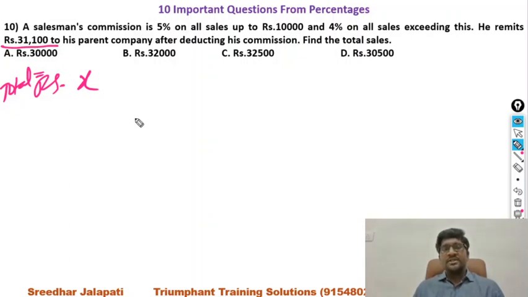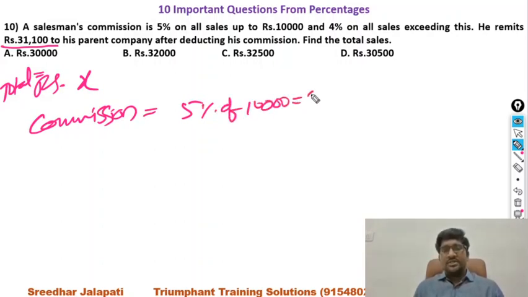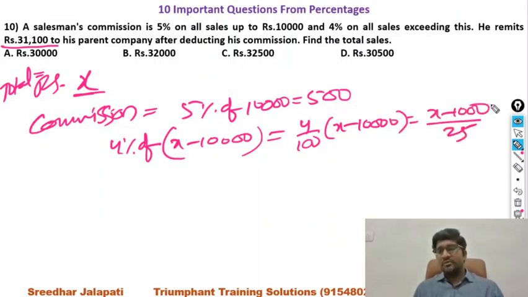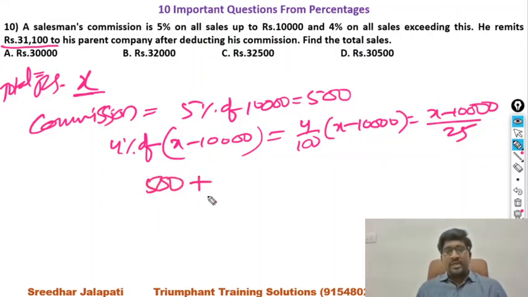So his commission is 5% on the first 10,000, which is 500, and as his total sales is X, on the remaining X minus 10,000 he gets 4%, which is 4 by 100 of (X minus 10,000), which becomes (X minus 10,000) by 25, because 4 by 100 is 1 by 25. Therefore his total commission is 500 plus (X minus 10,000) by 25.